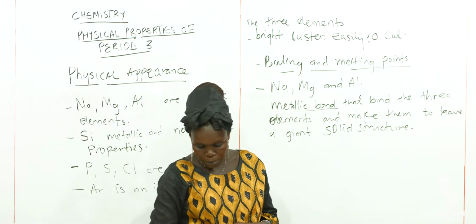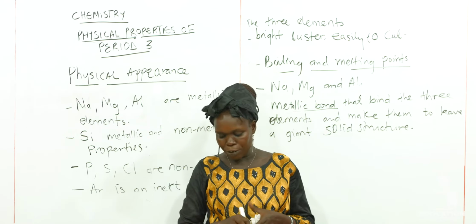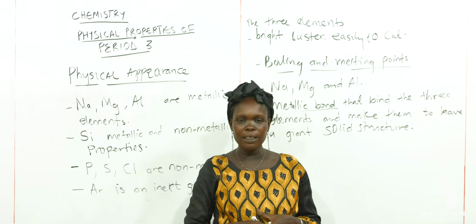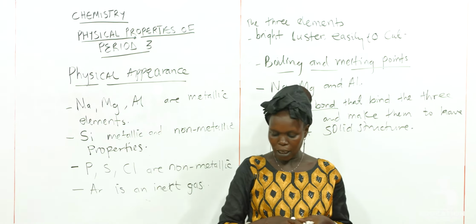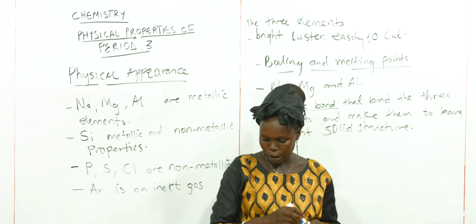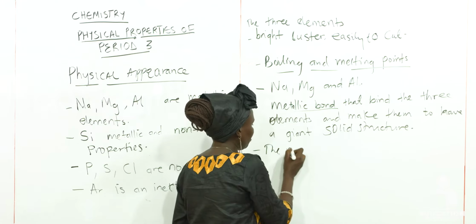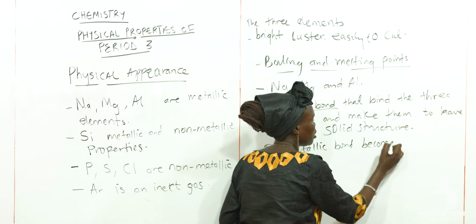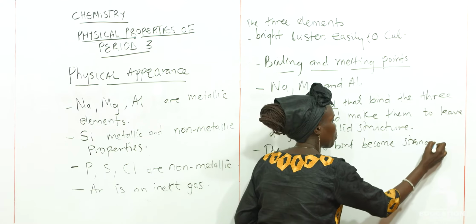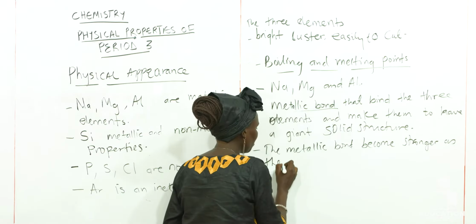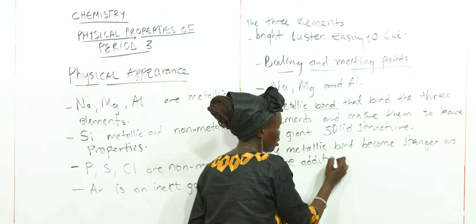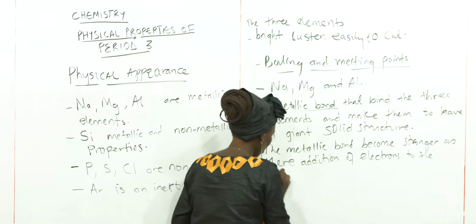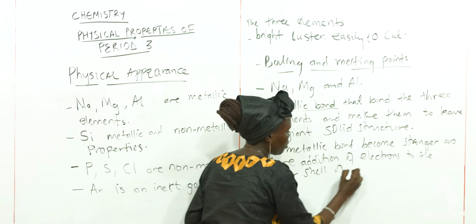The metallic bond becomes stronger as the valence electrons per atom increase, and also as the overall nuclear charge increases, pulling the valence electrons strongly. So the metallic bond becomes stronger as there is addition of electrons to the outermost shells of each element.